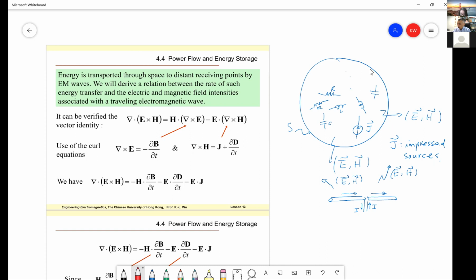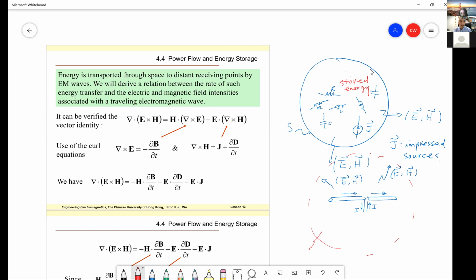Then if we would like to include this to see how much energy is transmitted. This is a very specific problem, right? Now let's find the relation between how much energy is transmitted and how much energy is stored.